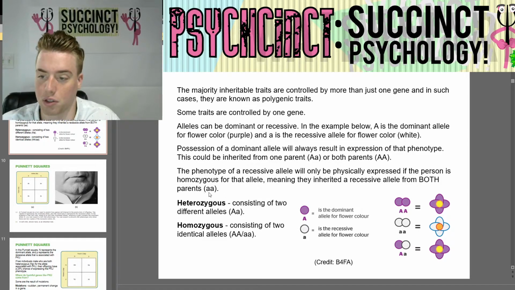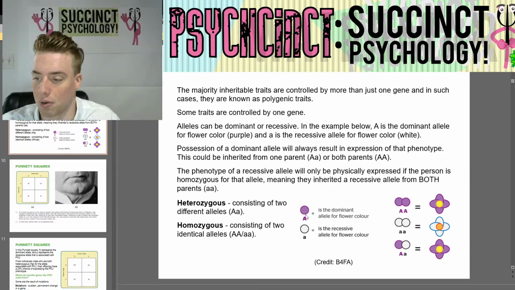So here you have the two recessive alleles, lowercase a and lowercase a. Heterozygous is consisting of two different alleles, so dominant and recessive, and homozygous is consisting of two identical alleles, so both dominant or both recessive.